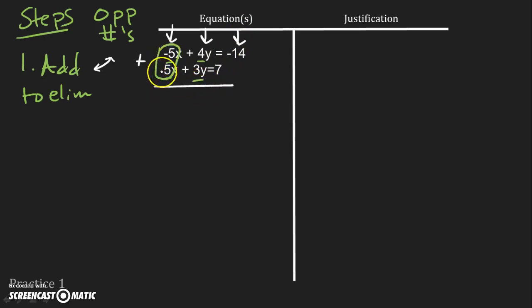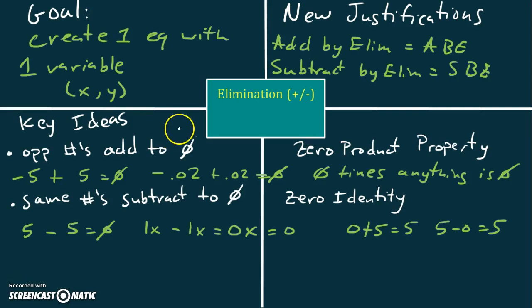So -5 plus 5 is 0. 4 plus 3 is 7. And -14 plus 7 is -7. Now you can see that we've got an equation with just one variable. And you're thinking, well, there's the x variable right there. Well, remember what we talked about. 0 times anything is 0.